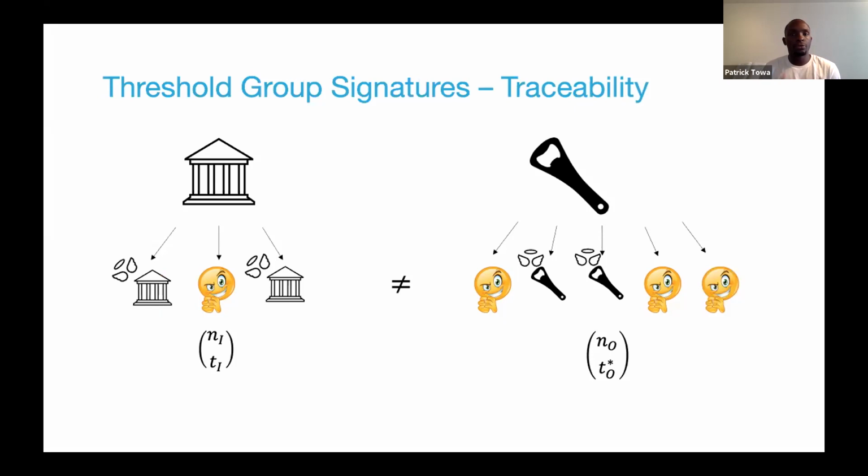And similarly, traceability is also defined. Now the definition just says that as long as at most T_I out of N_I issuers are corrupt, no efficient adversary should be able to forge valid signatures. And there's again a threshold parameter T_O star for the number of openers that can be corrupt, for the same reasons as before.